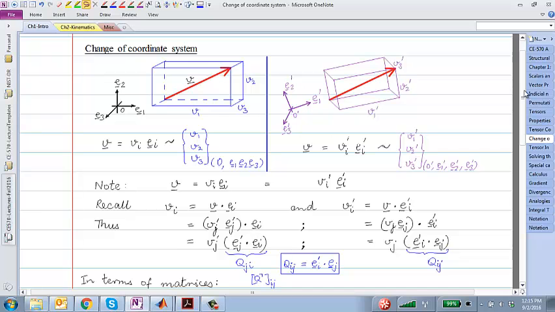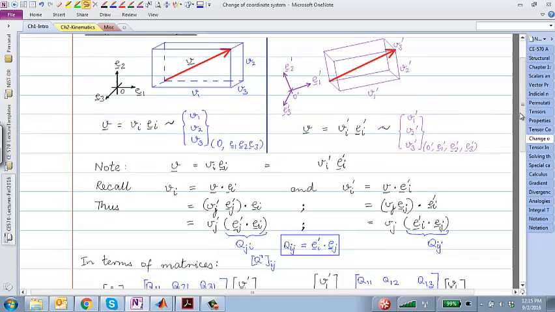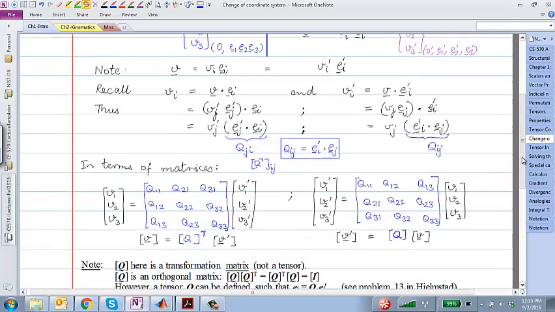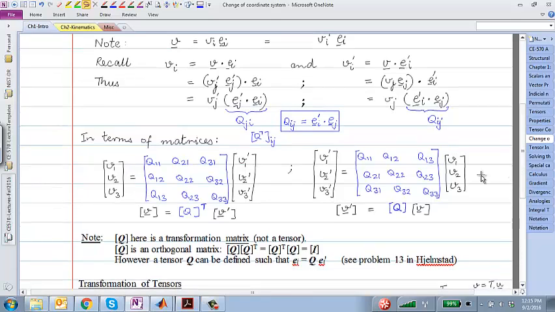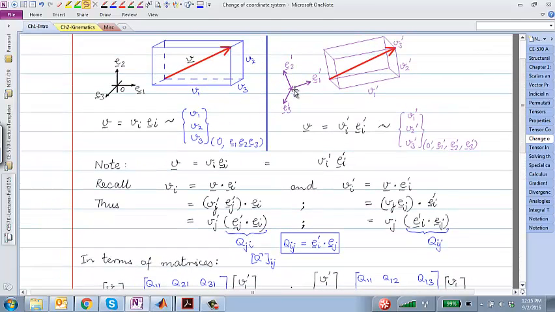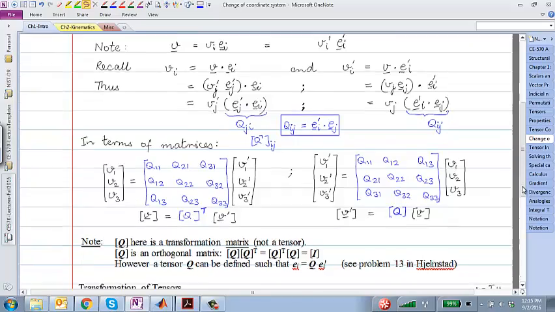It just so happens that if you were to take these components of Q and use them to create a tensor Q, then that tensor would take these vectors and rotate them to E1, E2, E3 prime. So that's a subtle but important difference.